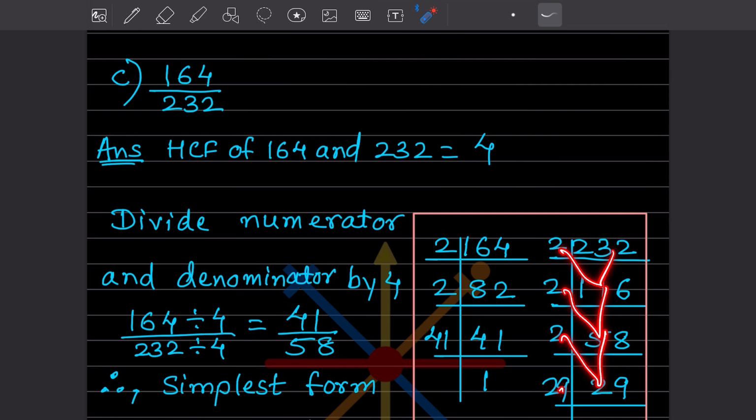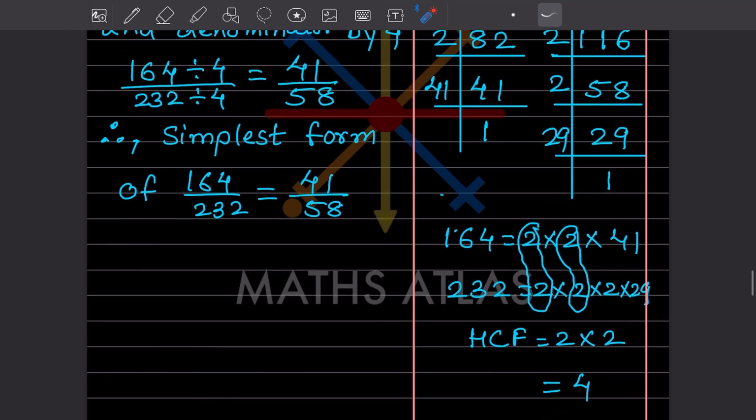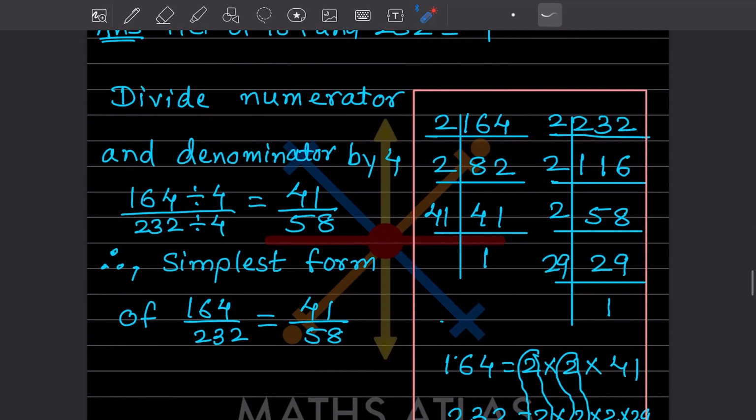Now can you see this 29? 29 is again a prime factor, so we cannot take the factors of it further. Now the factors are here. Then take the common. What is common? 2, 2. So 2 into 2, that is going to be 4. Again, divide the numerator and denominator by 4. You get 41 by 58.